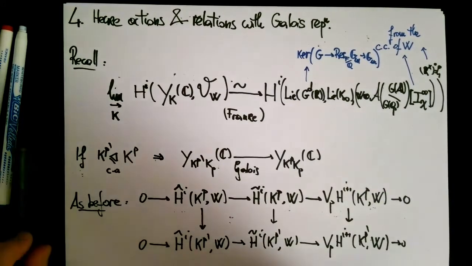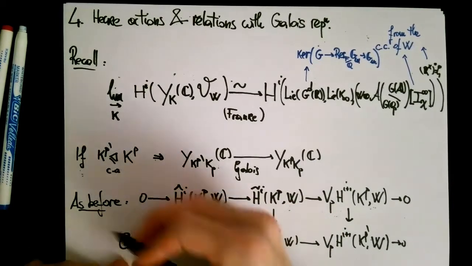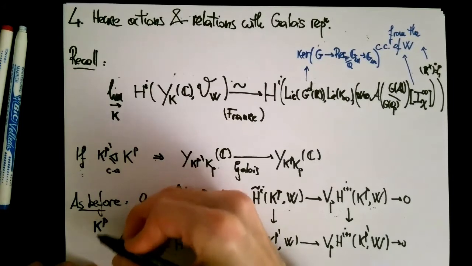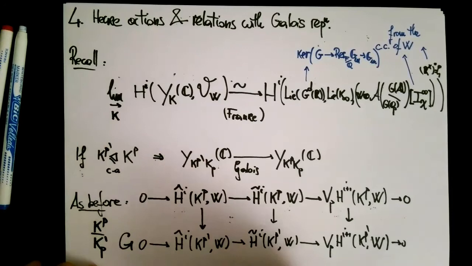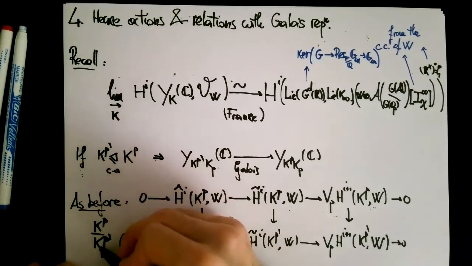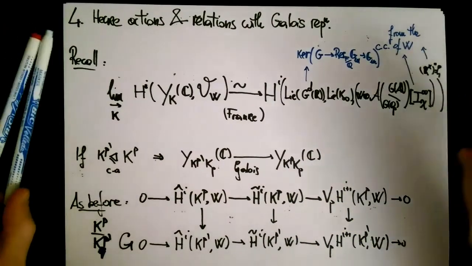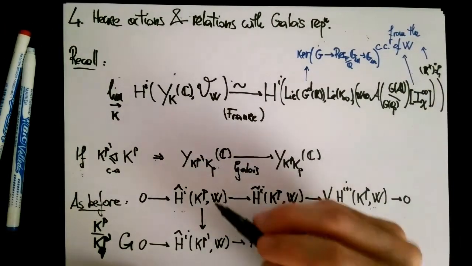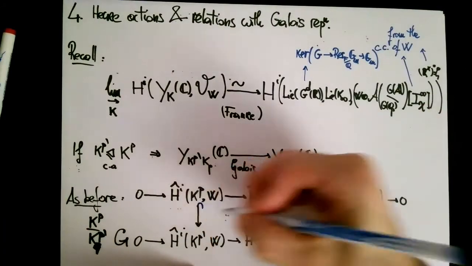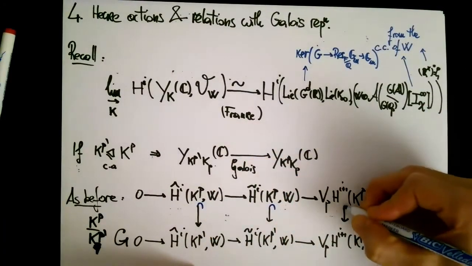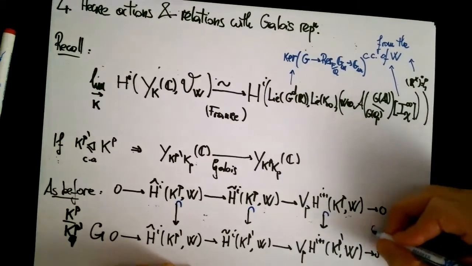And the key point, so here we have an action of K^p upon K^p prime. And the key point is that we can reconstruct them. So these are closed embeddings. Actually, this is the zero map. I mean, these are zero. So these are closed embeddings.